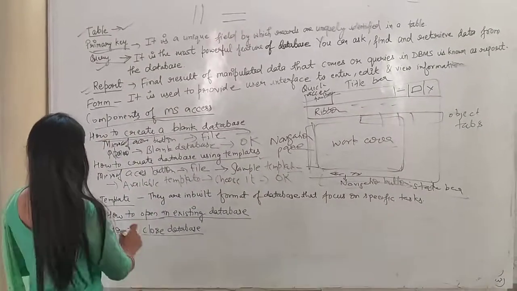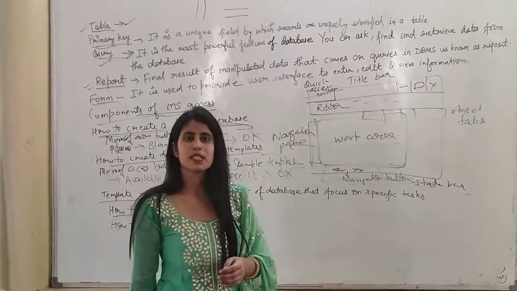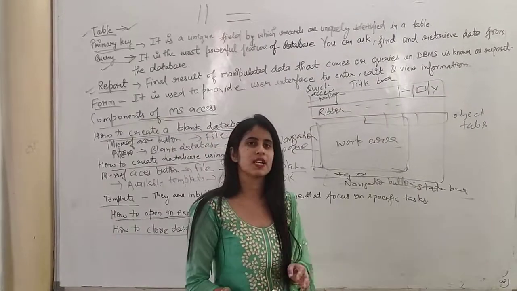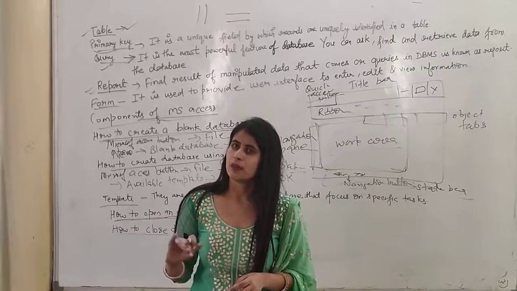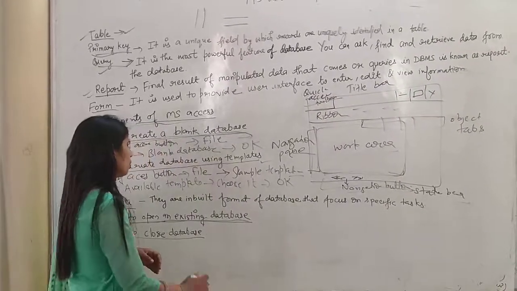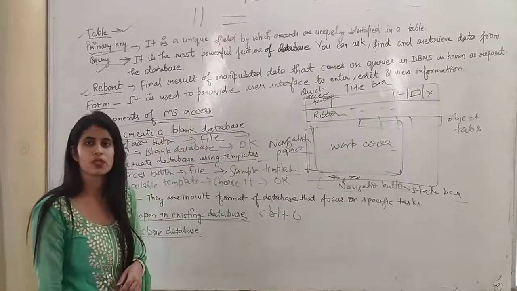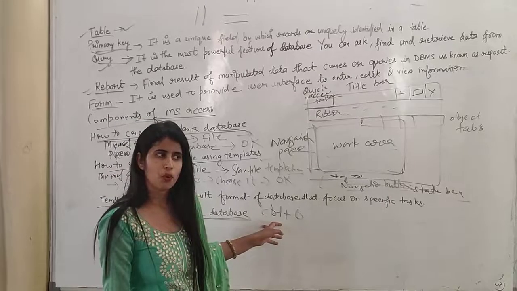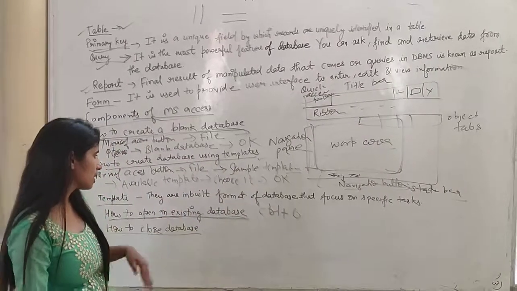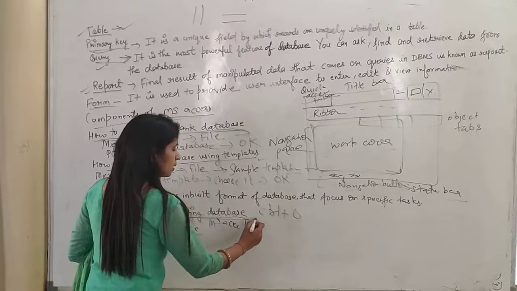Next topic is how to open an existing database. This you all know, means if you have created a database, say 1 day or 2 days before, and you want to open it. If you are going to use the shortcut command, then you will use Ctrl plus O. And if you are going to use the procedure, then the MS Access button.